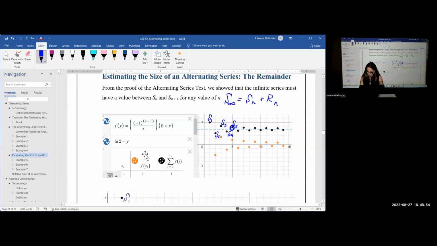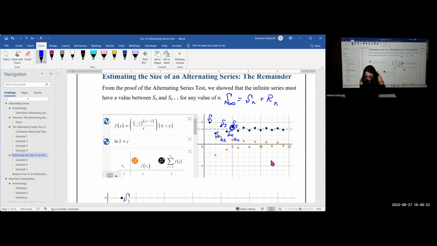Okay, what would the error be? Notice that the error is coming from all the terms past the fifth one. 1, 2, 3, 4, 5. So this is A sub 1, A sub 2, A sub 3, A sub 4. I think A sub 1 must be missing.